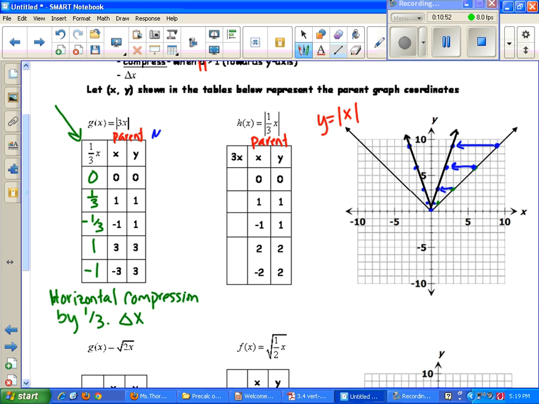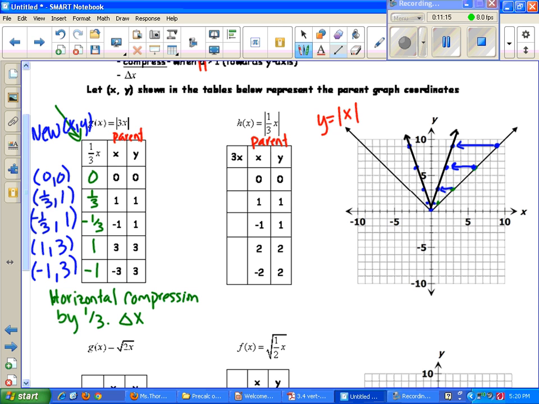So our new coordinates, which I'm actually going to write on the other side since we're changing our x values, so these would be the new x and y: 0, 0, 1/3, 1, negative 1/3, 1, 1 comma 3, and negative 1 comma 3. So those were our new values that we used.